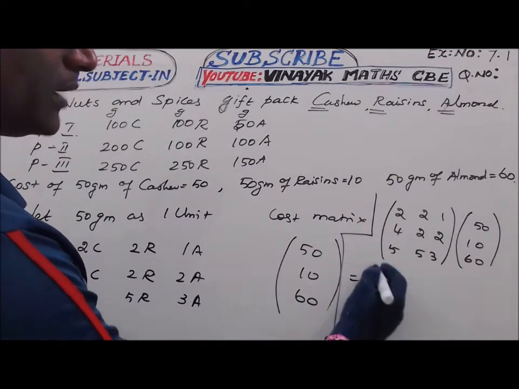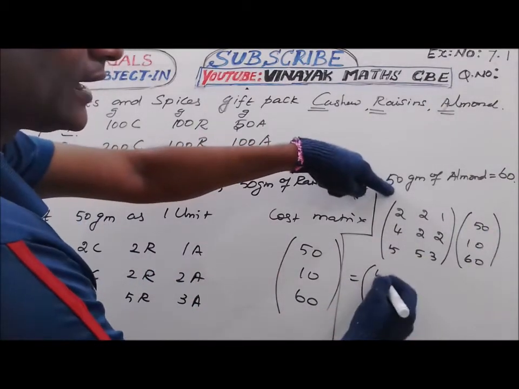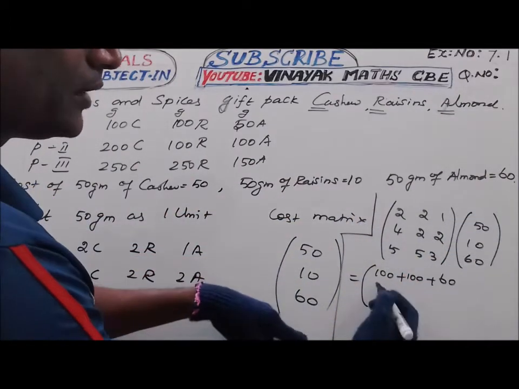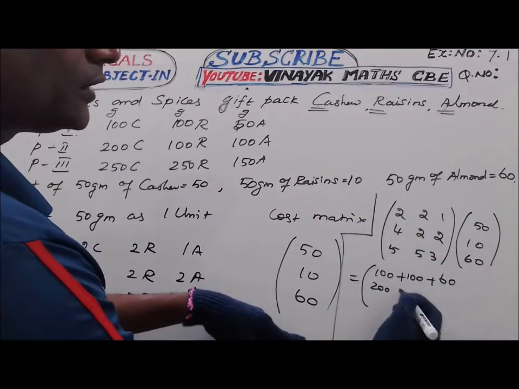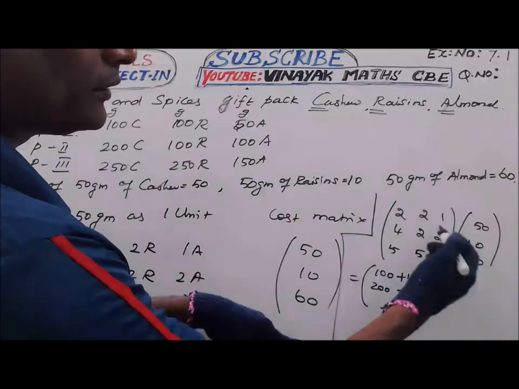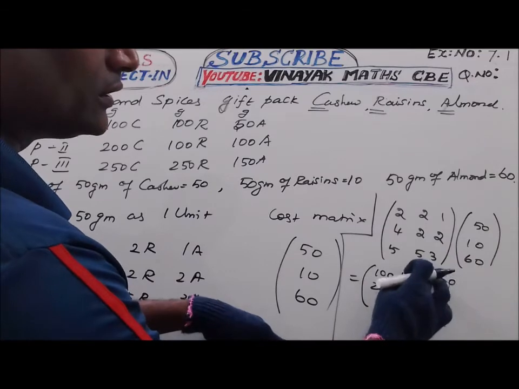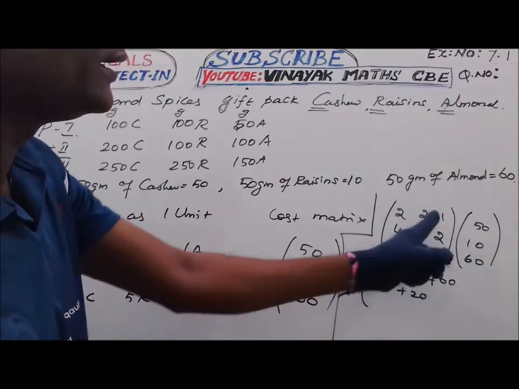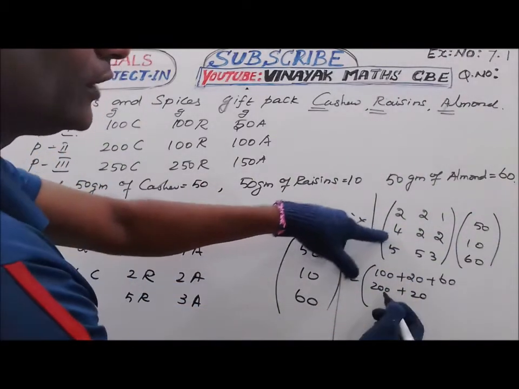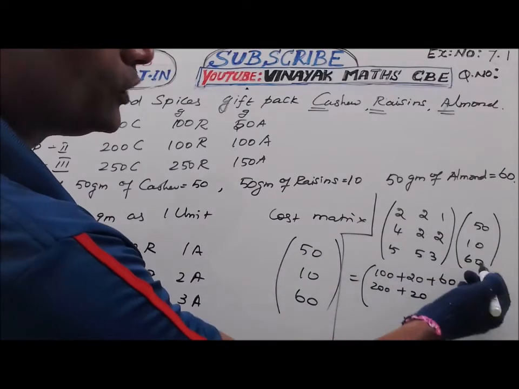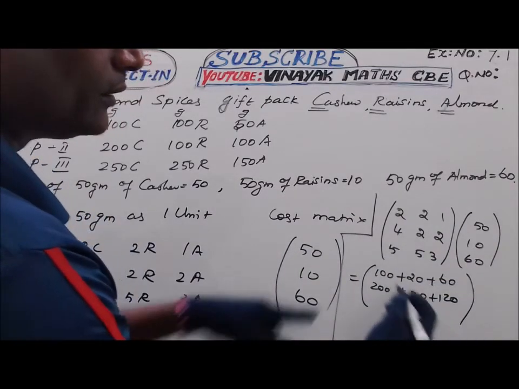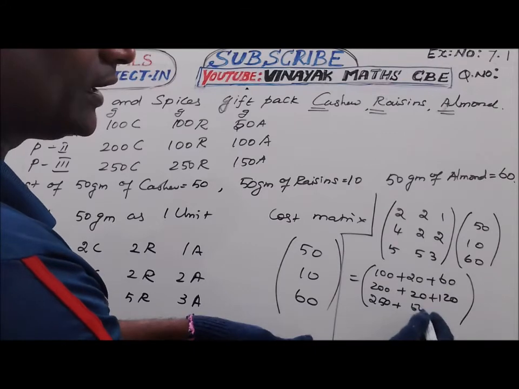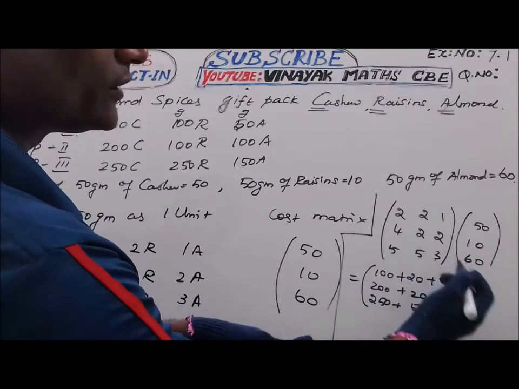For the first row we get 2 into 50, 100, plus 2 into 10, 20, plus 1 into 60, 60. Then the second row: 4 into 50, 200, plus 2 into 10, 20, plus 2 into 60, 120. Then the third row: 5 into 50, 250, plus 5 into 10, 50, plus 3 into 60, 180.